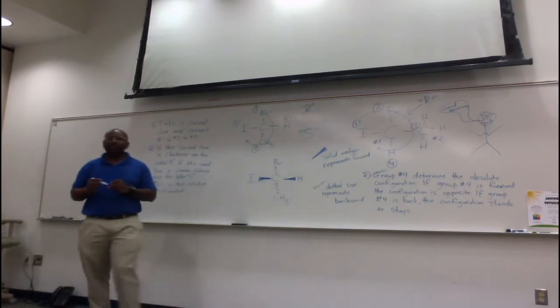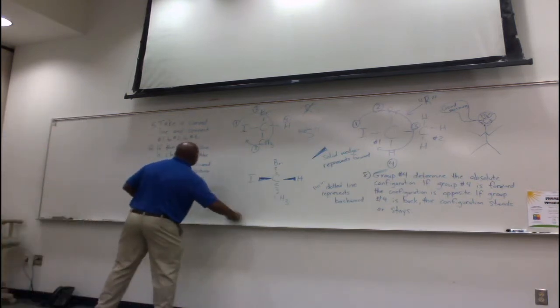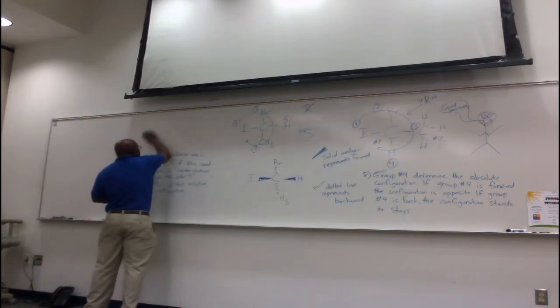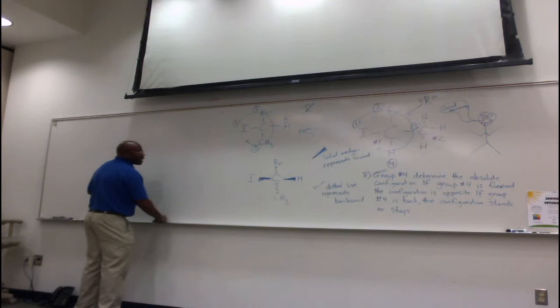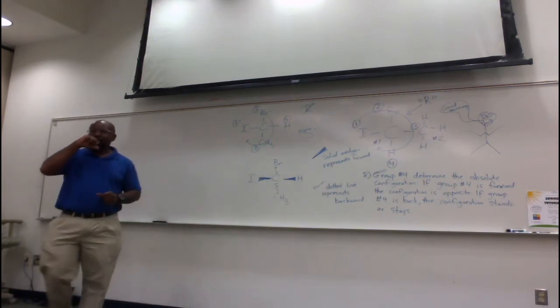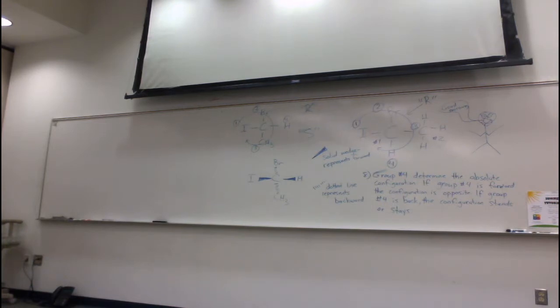Now, how would you draw this molecule as a 3-dimensional structure? For a 3-dimensional structure, I'm going to take 3 of my atoms and keep them in the board, and I'm going to show the other 2 atoms being outside the board. Generally, what we try to do is make it like a little 90-degree angle.